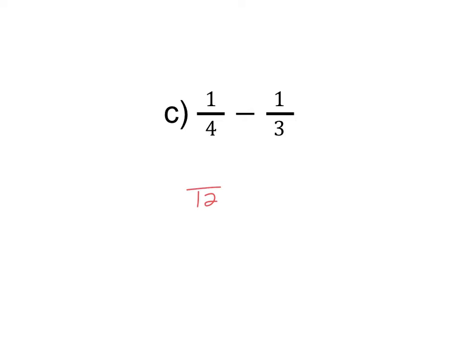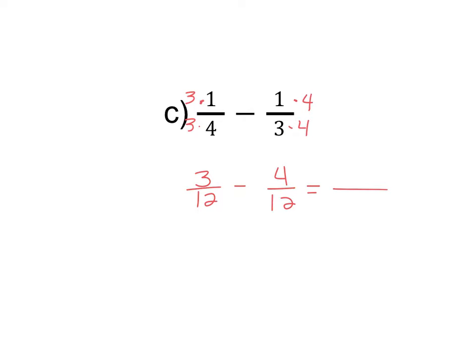That would be 12. So I'm trying to get both of these to 12ths. To get 1/4 to 12ths, I have to multiply the top and bottom by 3, and that gives me 3/12ths. And to get 1/3 to 12ths, I have to multiply the top and the bottom by 4, and so that ends up giving me 4/12ths.